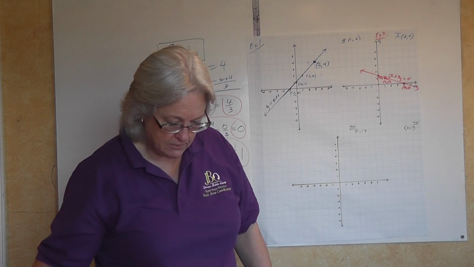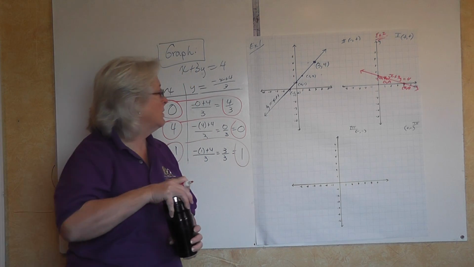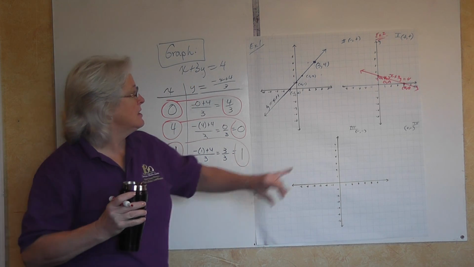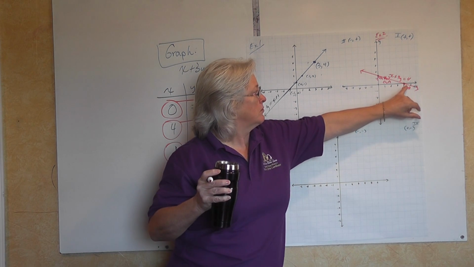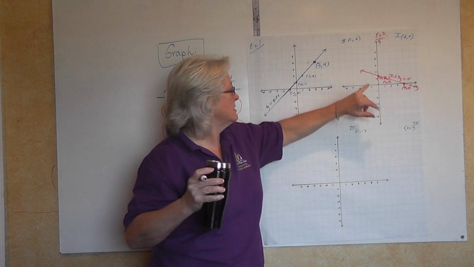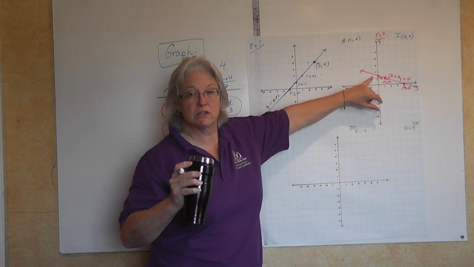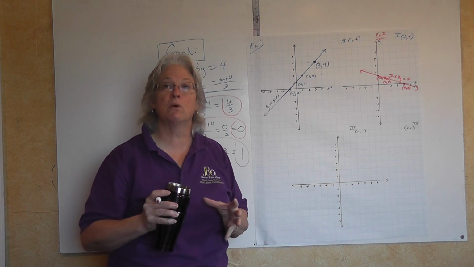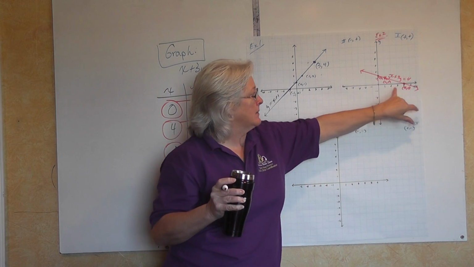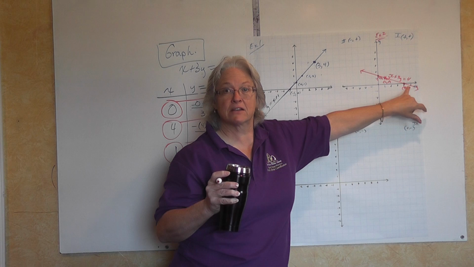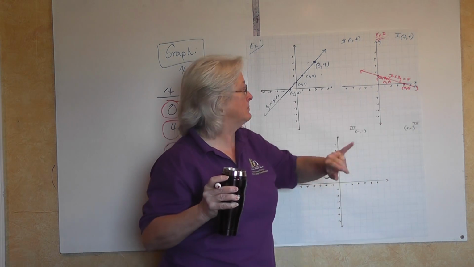What you can see from this second equation that I want to point out is exactly where the graph of the line crosses the x-axis. You see where it crosses the y-axis, and these 2 points are very important points. It's called the intercept. If it crosses the x-axis, it's the x-intercept.